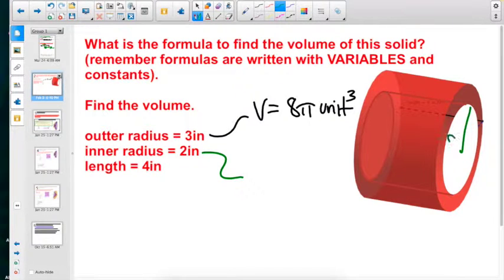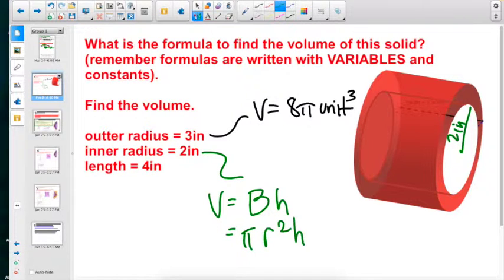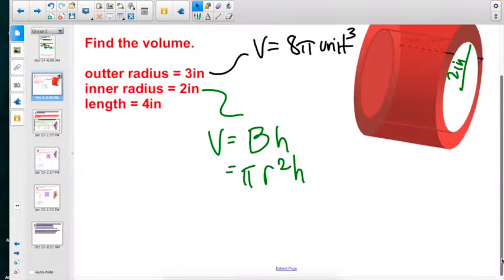This radius is 2 inches. So how are we going to find that volume? Yep, pi r squared times the height, which is the length of the cylinder here because it's on its side. And my radius is how much?